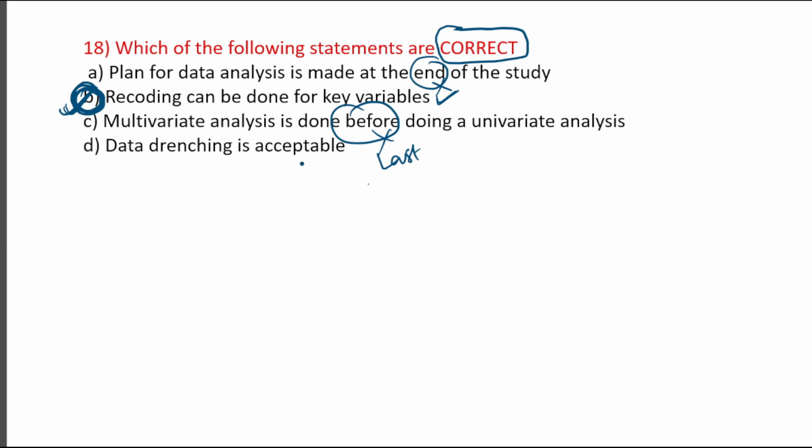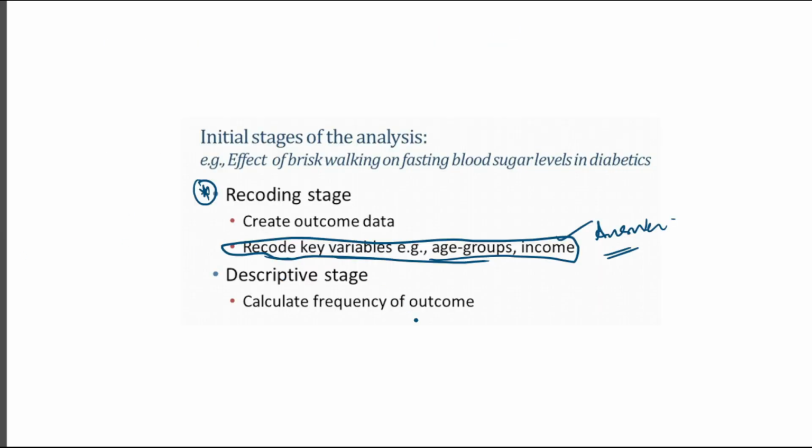Third one, data dredging is acceptable. No, this is not acceptable. Because of these reasons, each and every statement was wrong. Only statement B, that is recoding can be done for key variables, is correct, and we have seen it in the information given in this slide.